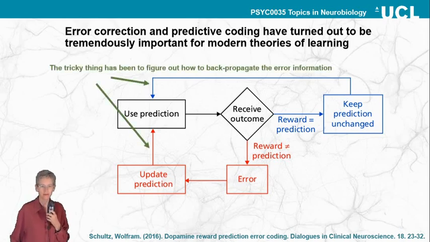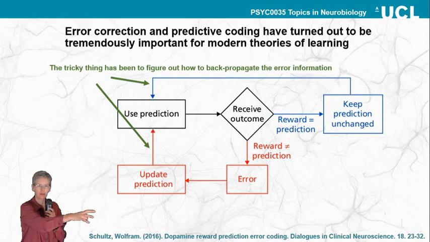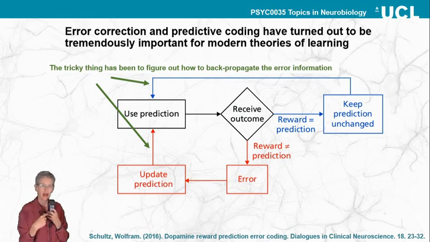So the tricky thing for biologists has been to figure out how to get this information back. If you've got a synapse buried deep in the brain, let's say the one that's got the engram for the association between the bowl and the food, and then there's been some type of error, the dog didn't have a sufficiently high expectation for food, how do you feed that back to the actual neuron?